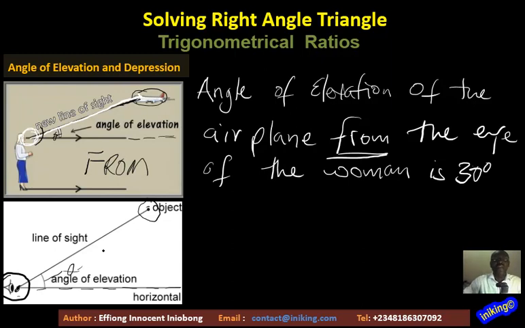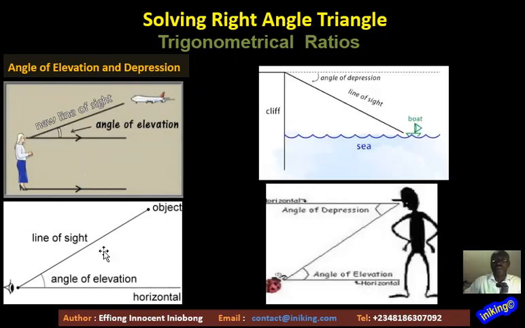Let us look at angle of depression. On the screen right now we have another pair of images. Now we want to look at angle of depression. Assuming we have an observer lying there, up here. Originally, you will agree that this is the eye level of that observer, horizontal. Now this observer is interested in the boat on the sea.